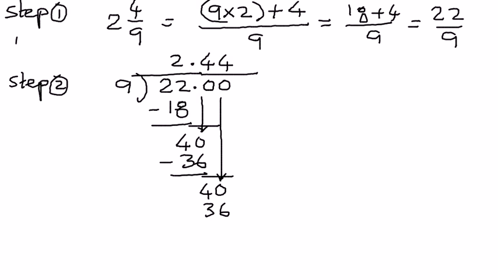Recall our 9 times table. 9 times 4 is 36, and when we subtract, as we can see, this number is going to repeat.